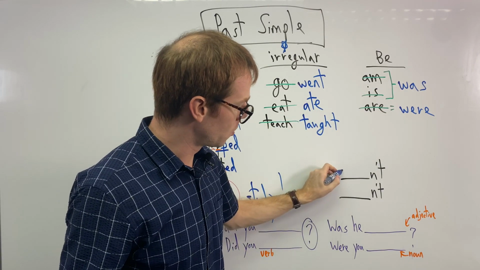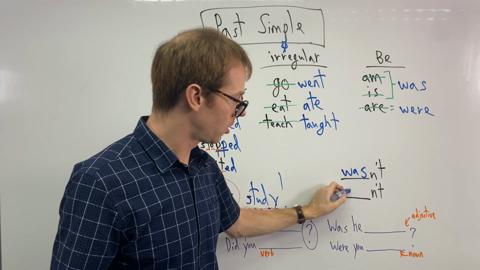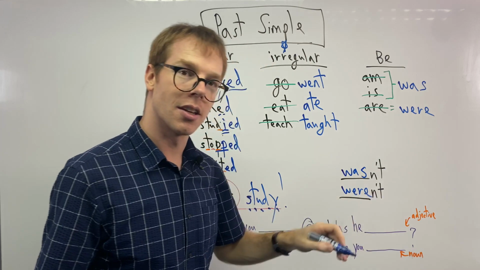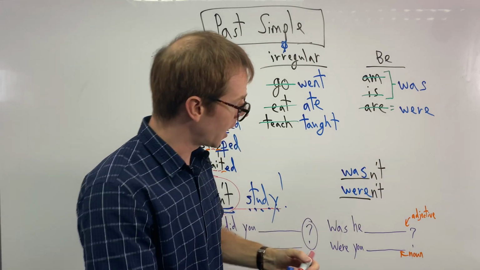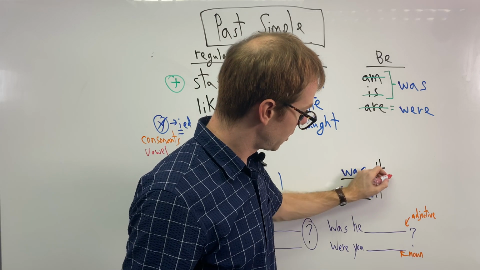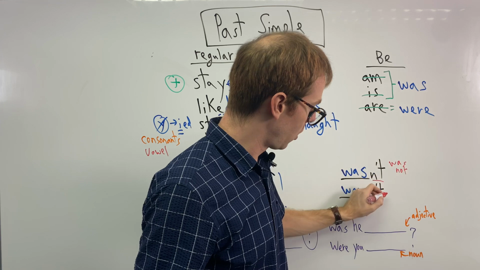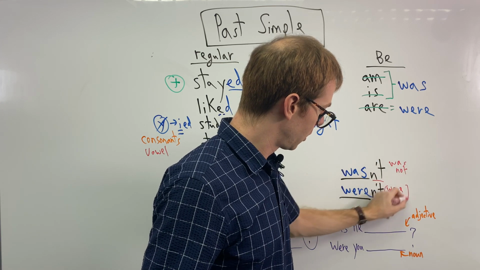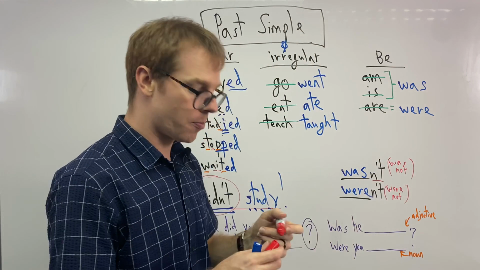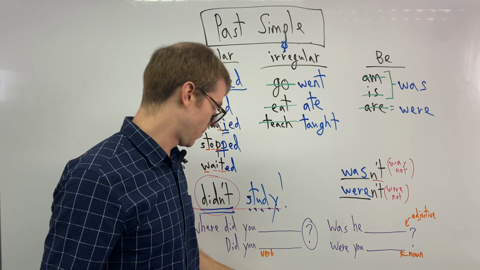Was, we just do wasn't, or were, weren't. This is our short version. Of course, you could say was not or were not. That's the long version. But when we speak, we often use wasn't and weren't.